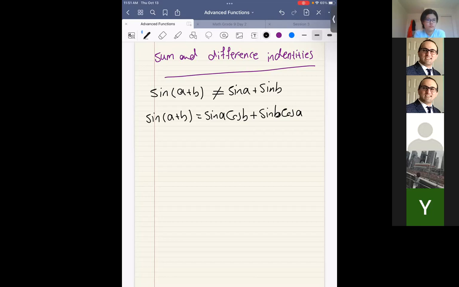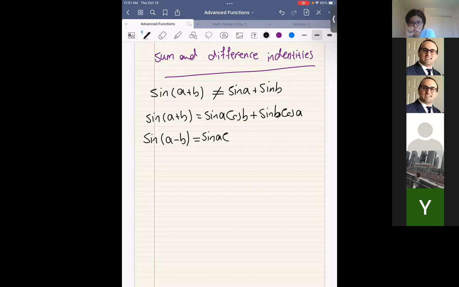So what about sine of A minus B? Can anybody tell me what is sine of A minus B? You can just use the first identity, sine of A plus B. Instead of B, you have minus B. Can you tell me, Lisa? I think just change the plus to minus. Yeah, exactly.